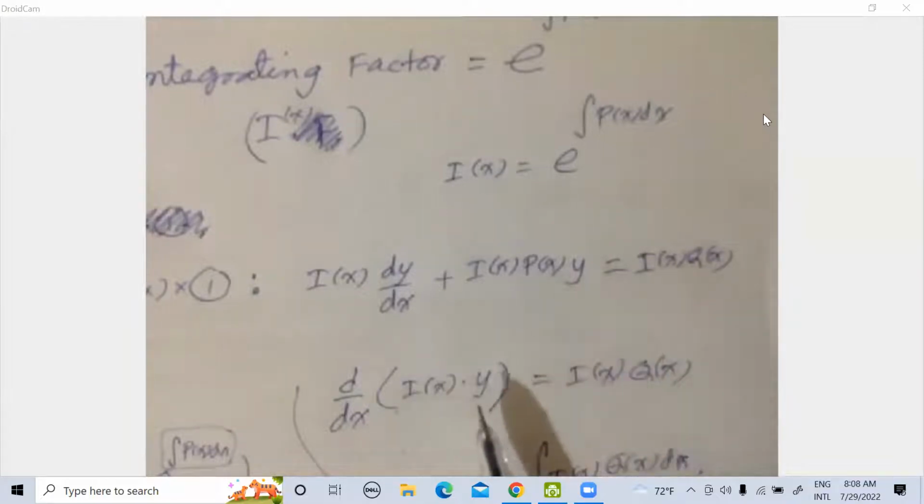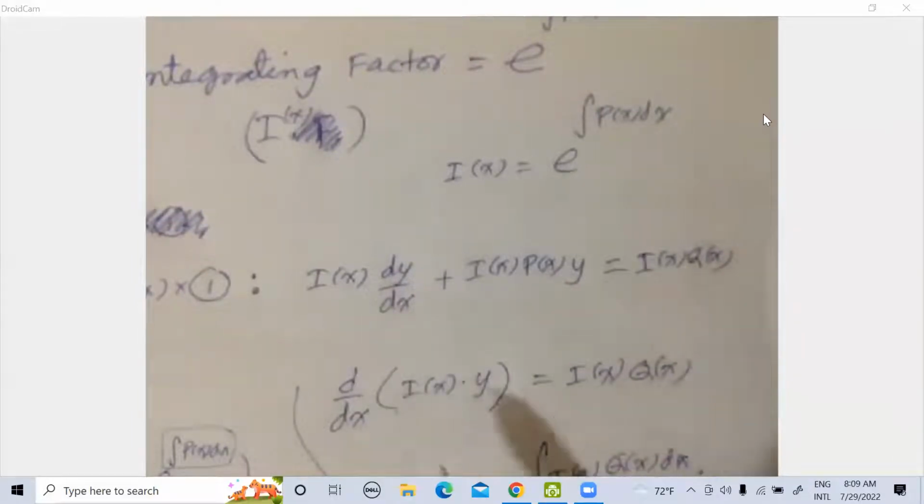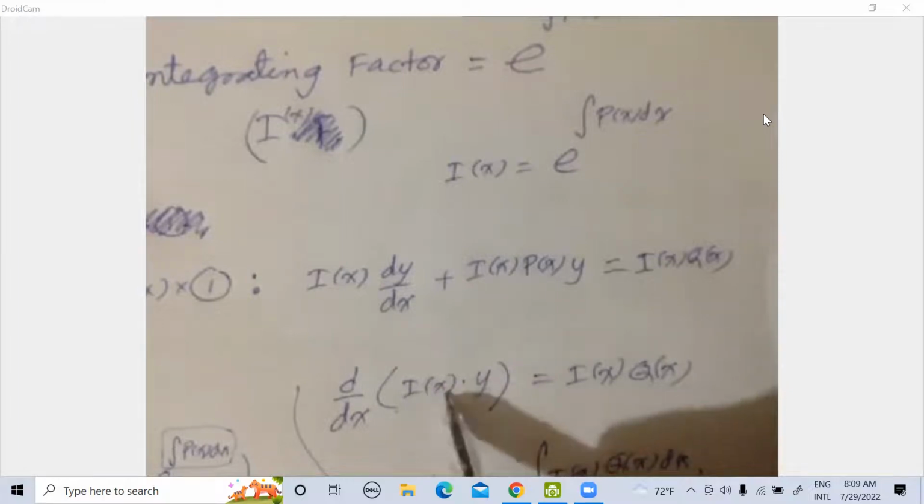The derivative of I y is also a function of x now. We are solving the differential equation for y, so we have to use the product rule: first one times the derivative of the second, that is this term, plus the second one, that is y, times the derivative of I(x).